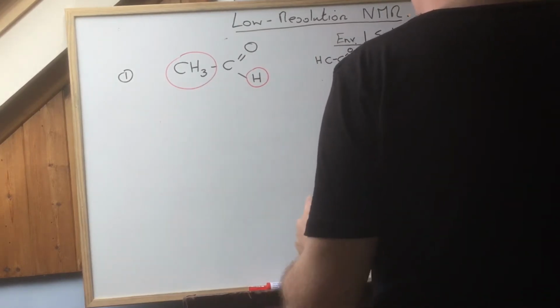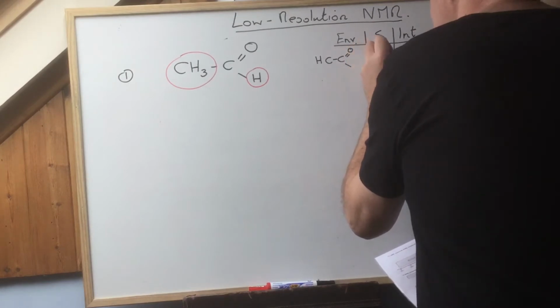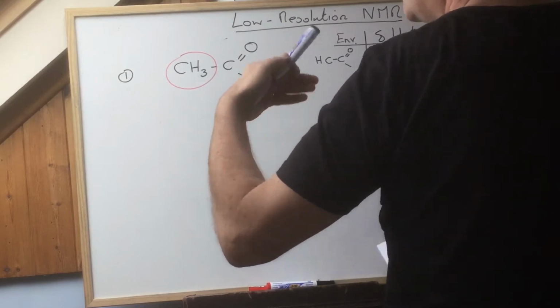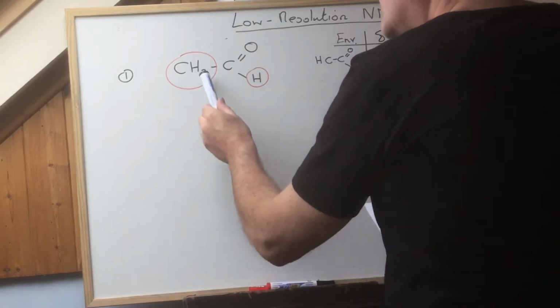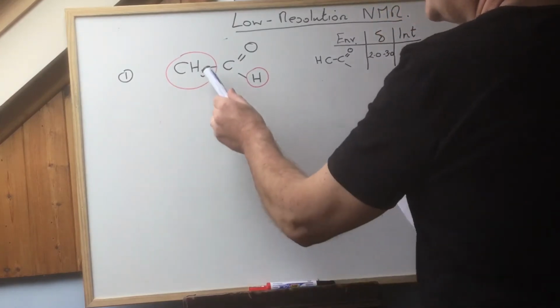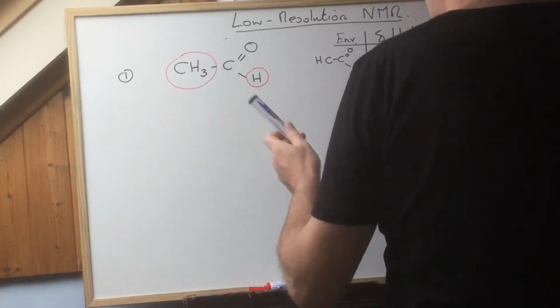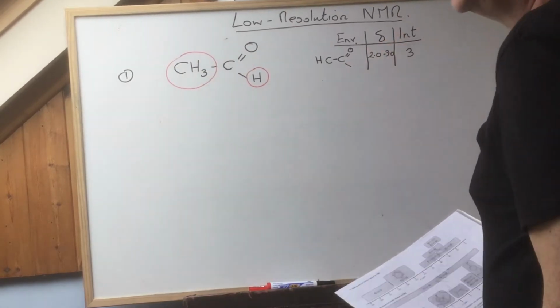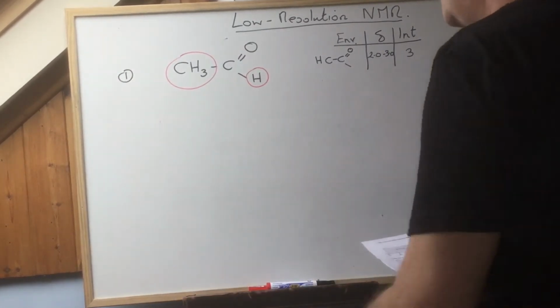If you look, 2 to 3, 2.0 to 3.0. Integration, I'd expect that peak, in terms of its overall relative peak area, there are 3 in that environment. I'd expect that peak essentially to be 3 times bigger than that peak. Okay, well, don't worry about that. 3 integrated to 3. The area under a peak, 3 protons in that environment.